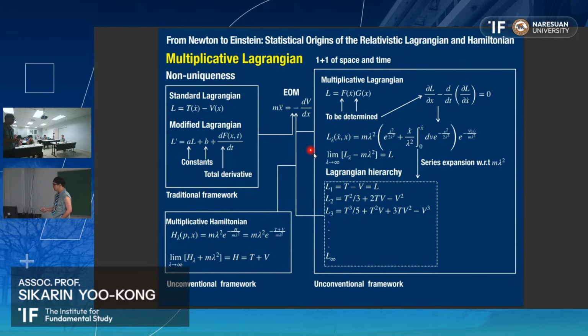According to this limit, you get the standard Hamiltonian back. If you don't take the limit and instead expand this Hamiltonian with respect to m lambda square, you will get a hierarchy of Hamiltonians, all of which produce the same equation of motion.